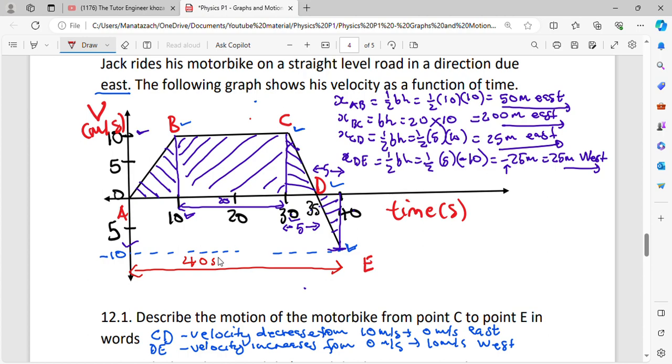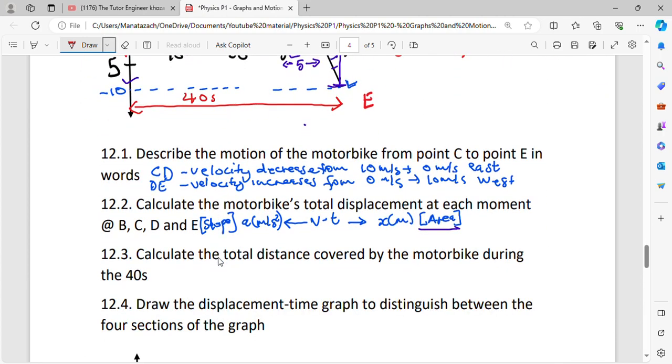Okay, so distances are related to displacement in some way. The difference is when you're dealing with a total distance, you don't take a direction into account since it's a scalar quantity.